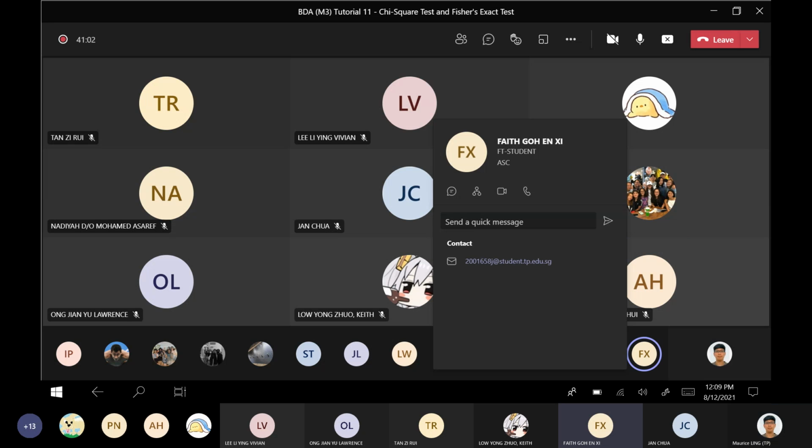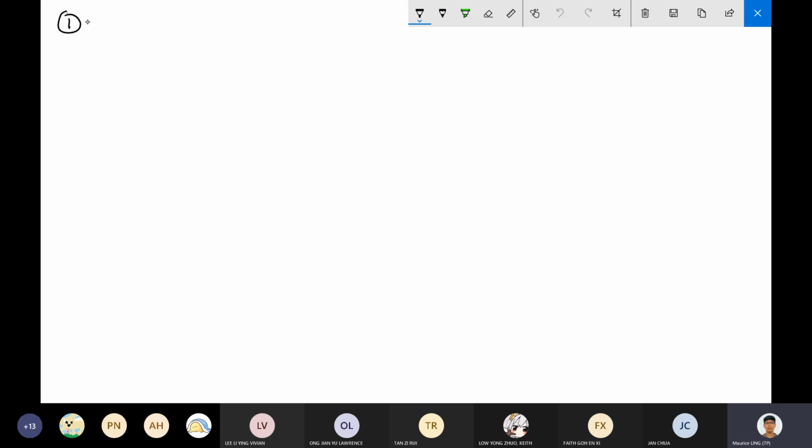The expected and observed values cannot be in percentage. All right. So the mistake is the expected and observed values cannot be percentage or ratio. But in this case, it's percentage.